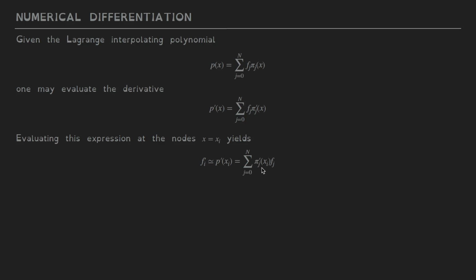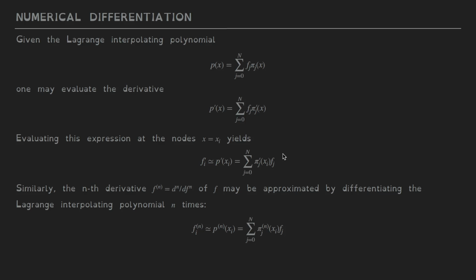What we see here is pj of x prime. Prime stands for differentiation with respect to x, and then we replace x with xi. It may seem a bit confusing. Don't take a derivative with respect to xi here. It's a derivative with respect to x, and then we substitute x by xi.